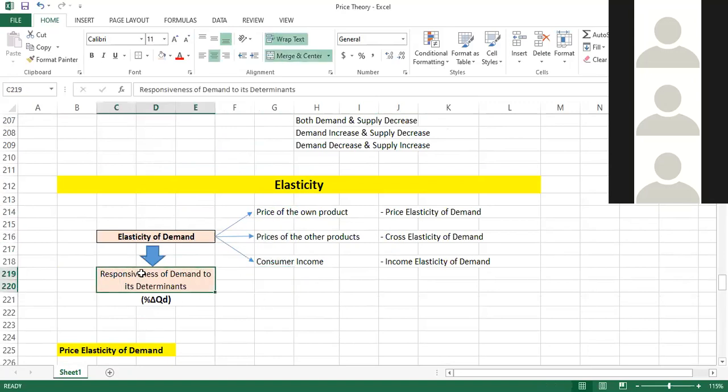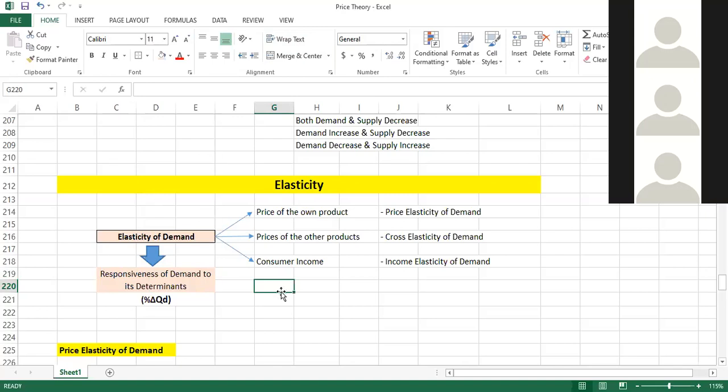We can measure the responsiveness of demand to any factor affecting it, any of its determinants. I remember in our chartered accountancy study pack, there are four factors. They have considered another factor, that is advertising expenditure.